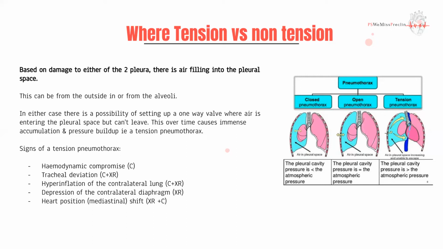But as it floods in, the wound on the structural level is going to be in such a way that the flaps are not going to allow air to leave. And that's going to cause a situation where you have air that's coming into the thoracic cavity but can't leave.